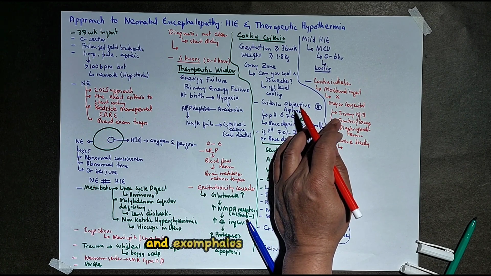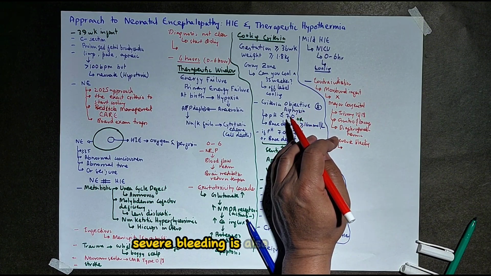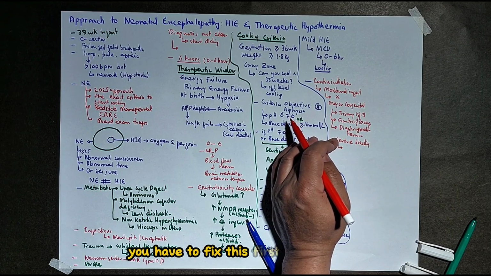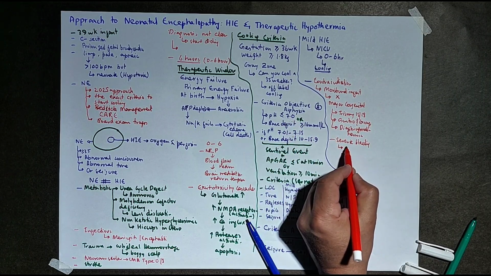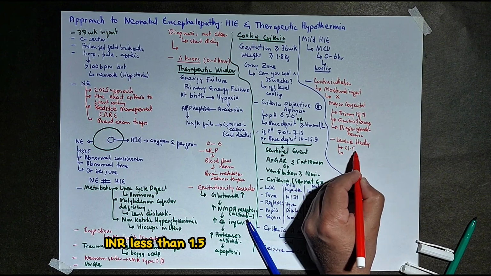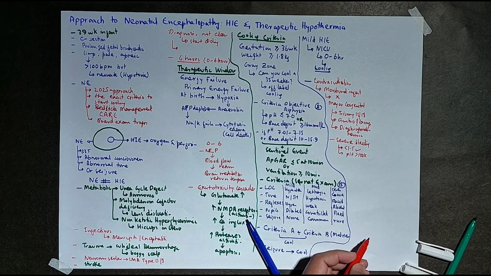Gastroschisis and exomphalos are relative contraindications due to risk of bowel ischemia. Severe bleeding is also a relative contraindication. You have to fix this first and keep INR less than 1.5 and platelets greater than 100 K to start cooling.